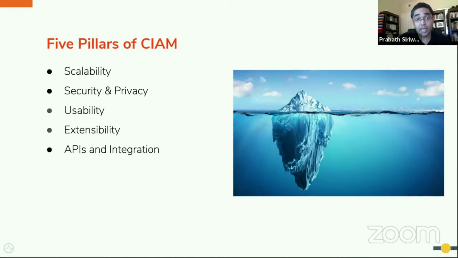Then the APIs and integration. 60% of digital transformation projects start with integration. As I mentioned before, CIAM is not just a product, it's a solution we build. When we build the CIAM solution, we need to integrate with multiple components. These components can be an identity provider, a CRM system, marketing platform, e-commerce platform, a CMS, and so on.